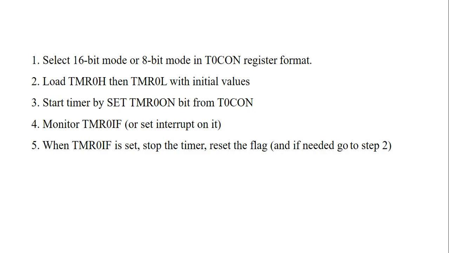Both are 8-bit registers. If you use a 16-bit timer, then we have to load the 16-bit count into TMR0H and TMR0L. If we go for the 8-bit mode, then only TMR0L will be in the picture and TMR0H is not used. Start the timer by setting the TMR0ON bit from T0CON.